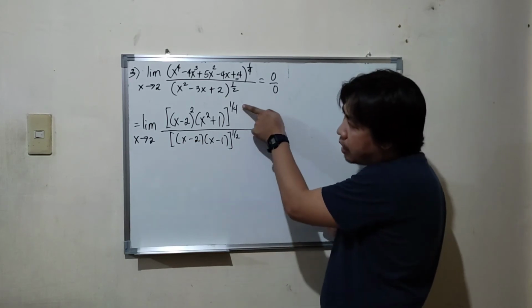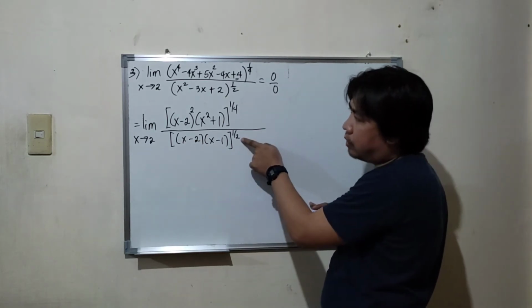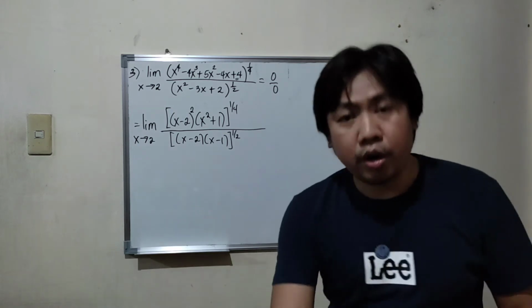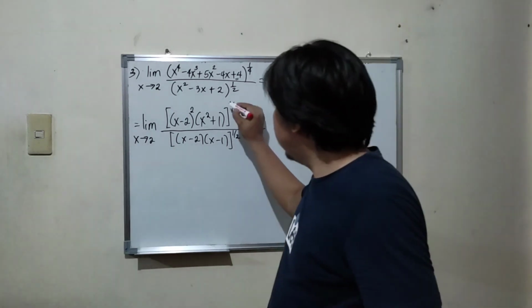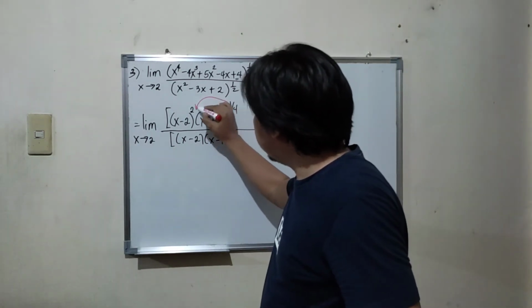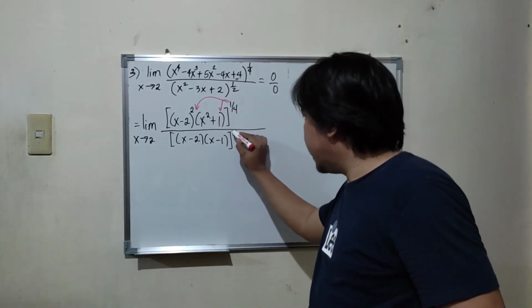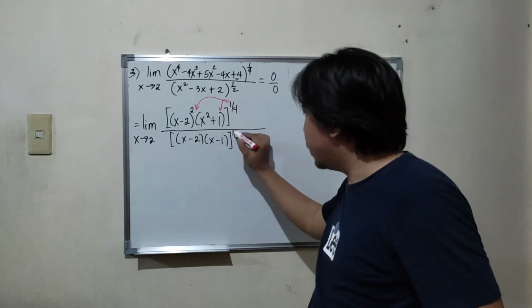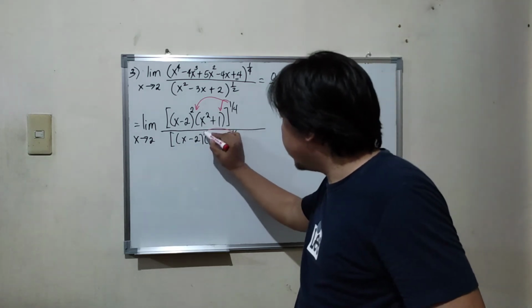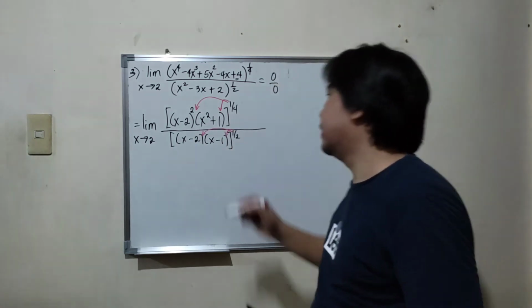Pero magkaiba tayo ng exponent, raised to 1/4, raised to 1/2. So all we have to do now is distribute natin yung 1/4 dito sa exponent natin. Magiging exponent netong term na to at itong term na to. Then ganoon din yung 1/2 magiging exponent nito tsaka nito.